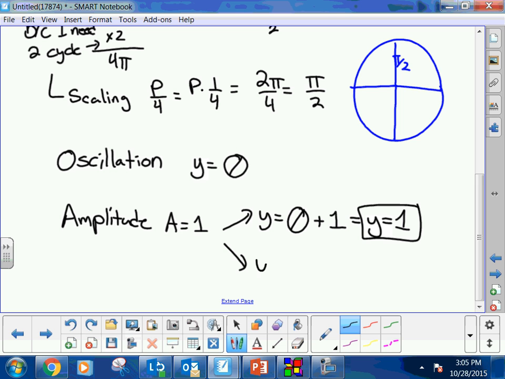The line at the bottom, you take the same oscillation and you subtract the amplitude, which means the other horizontal line will be y equal to -1. So I have everything I need to graph.